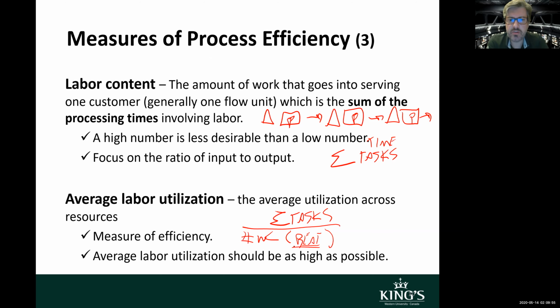So average labor utilization is an important measurement because obviously you want to be able to have a high labor utilization. People are busy. You're paying them to provide output, right? So you want a high labor utilization, but you don't want it to be too high because you won't be able to absorb variation in demand. So if you remember from the process triangle, you have utilization capacity, you have variability, and you have inventory.